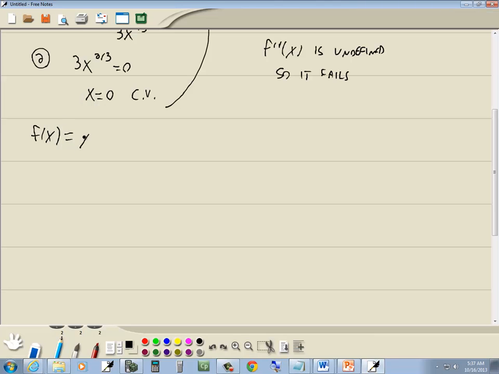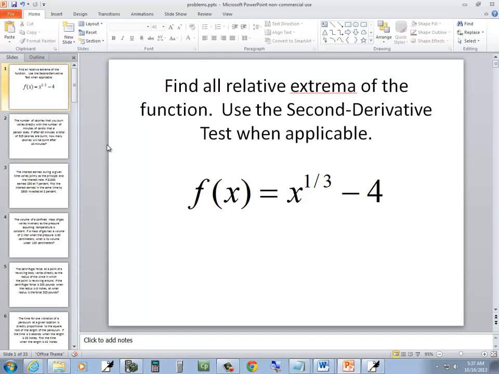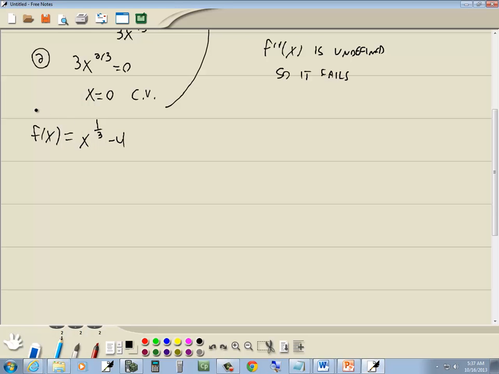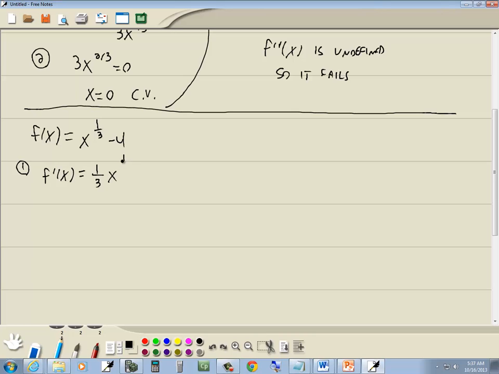Okay, so we have x to the 1/3 minus 4. Our first step is to find our derivative. Take your power, put it out in front, lower it by 1.